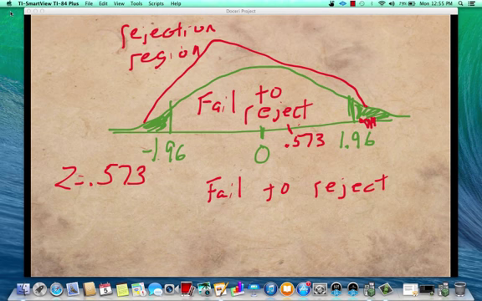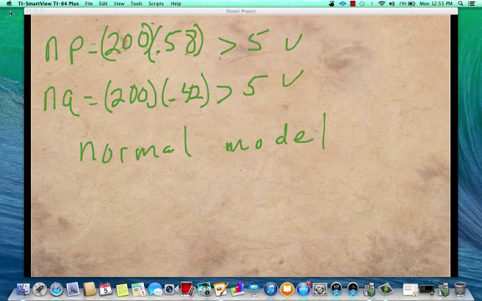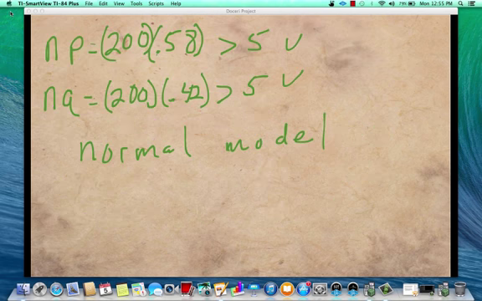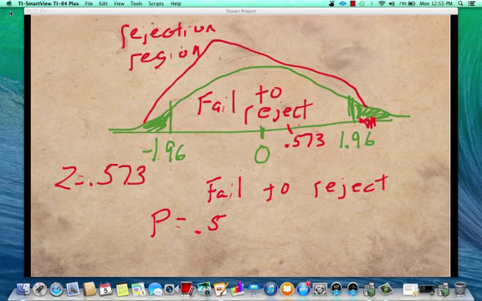Now, there's another way of looking at this too. If we look at the p-value, the p that we ended up with on the calculator was 0.566. Well, that is so much greater than what we were using for an alpha.